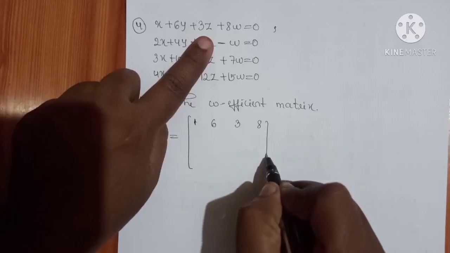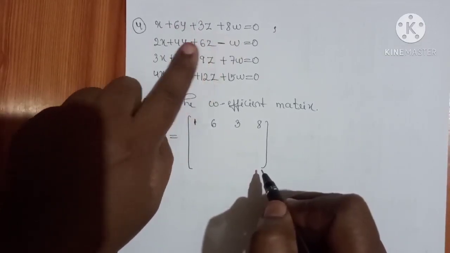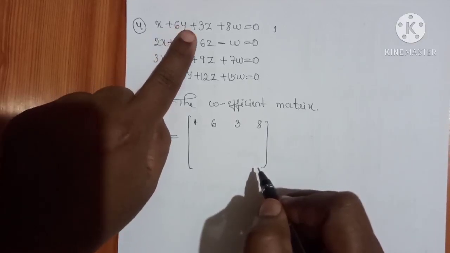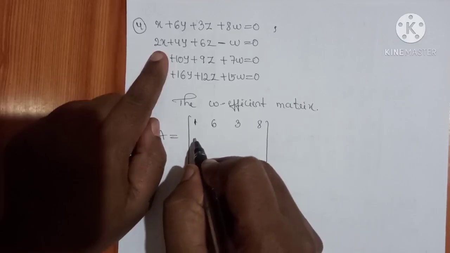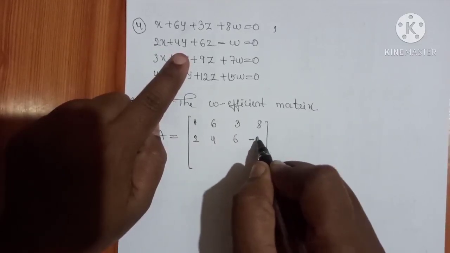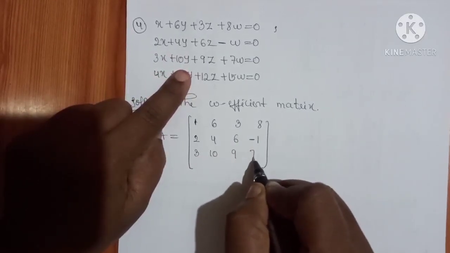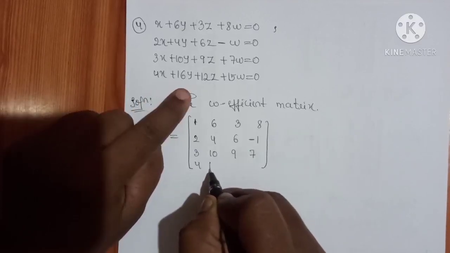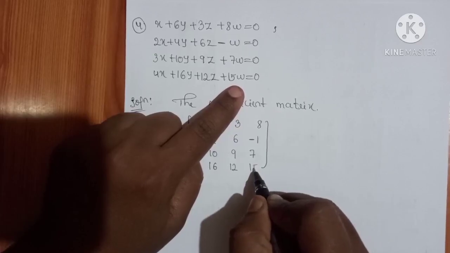You can observe that here we have 4 equations and 4 unknowns. Unknowns are x, y, z and omega. Next, 2, 4, 6, minus 1, 3, 10, 9, 7, 4, 16, 12, 15.